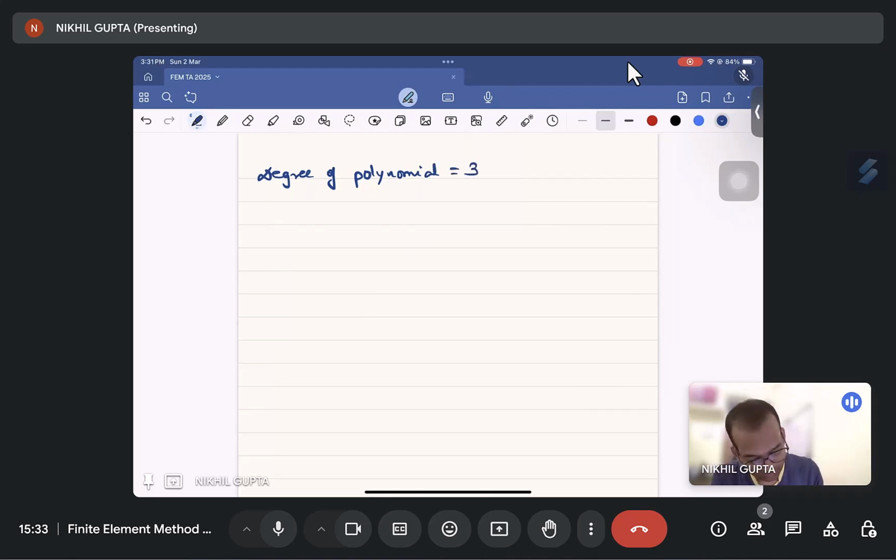When we solve it by full integration, it will be the exact solution. But if we use reduced integration, let's say one Gauss point, that will not be exact.